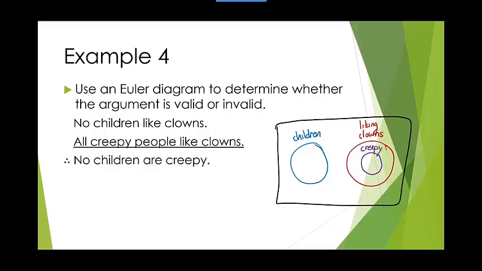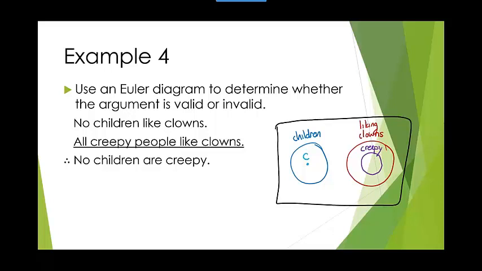So we actually have 3 circles here. We've got children and liking clowns. That's from the first sentence. And then the second sentence introduces this third circle, creepy people. And now we're trying to figure out, can we conclude that no children are creepy? Well, if you're a child, there's only one place that you can go. You're going to go in that circle.